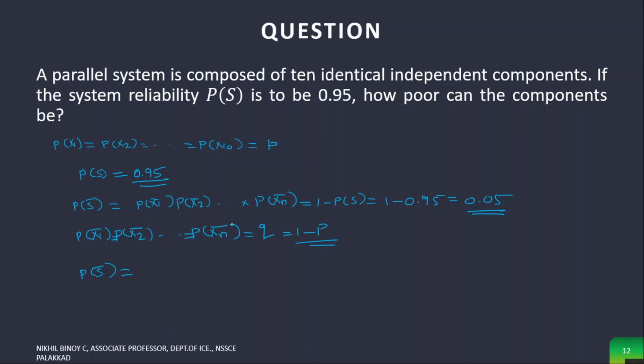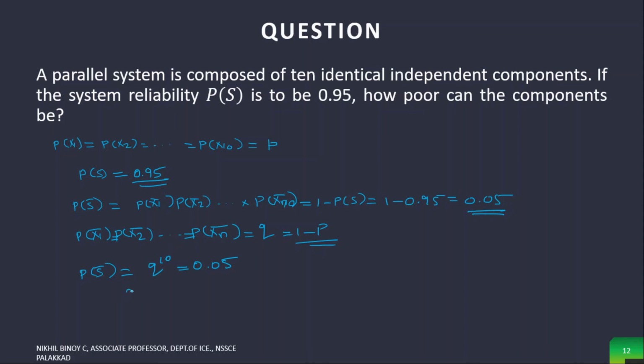Okay. So now what about P of S bar? P of x1 bar is Q, P of x2 bar is Q, and how many Q are there? We have 10 Q, because we have only 10 components. So P of x1 bar into P of x2 bar into etc. into P of x10 bar equal to Q raised to 10, that is equal to 0.05.